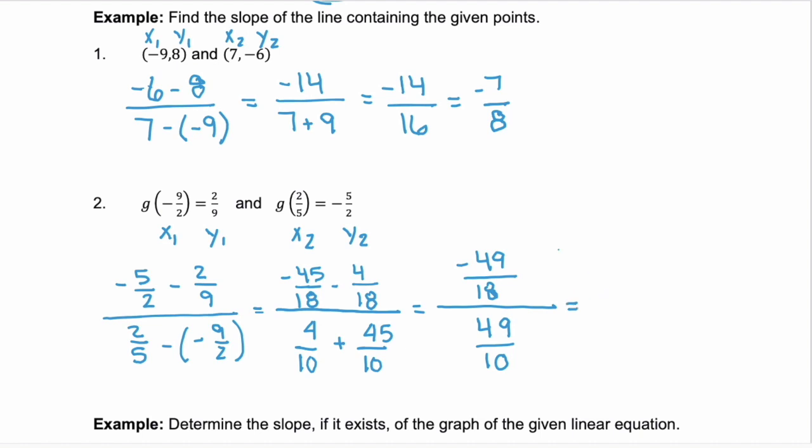Now recall, when you have a fraction divided by a fraction, you keep that fraction in the numerator, you change the division to multiplication, and you multiply by the reciprocal of the fraction in the denominator. Well, notice the 49 in the numerator and the 49 in the denominator simplify each other out to 1. So this fraction times a fraction simplifies to negative 10 over 18 or negative 5 over 9.